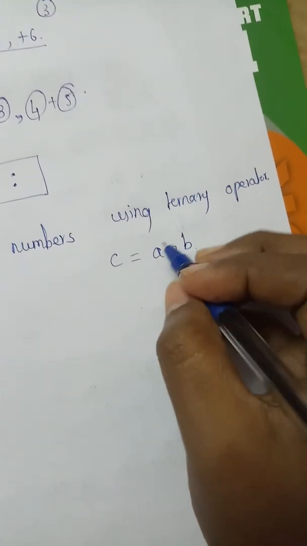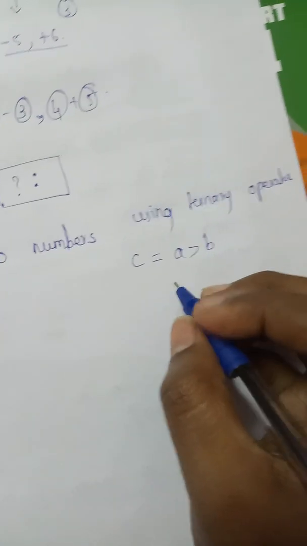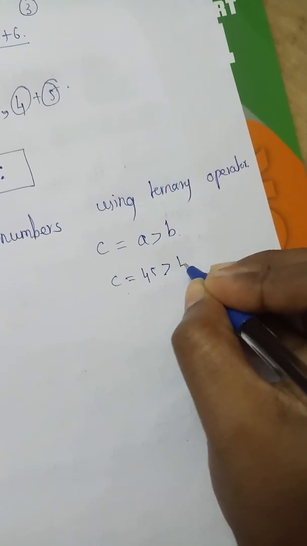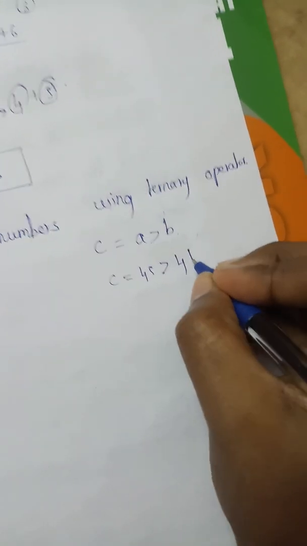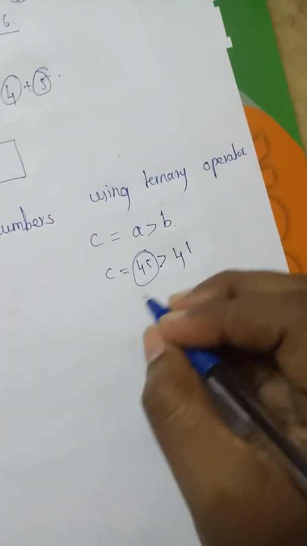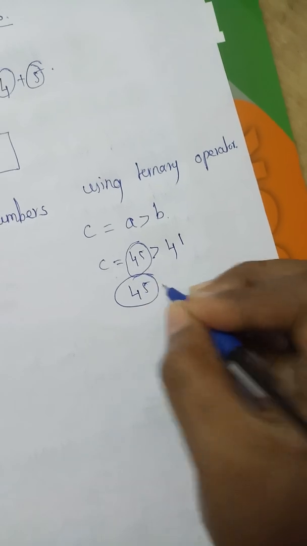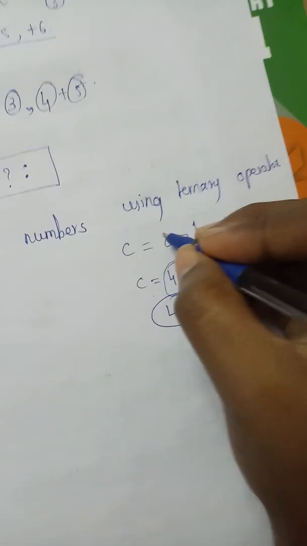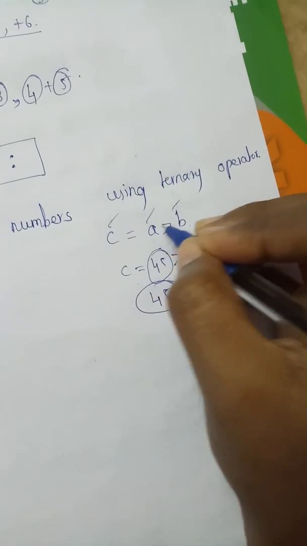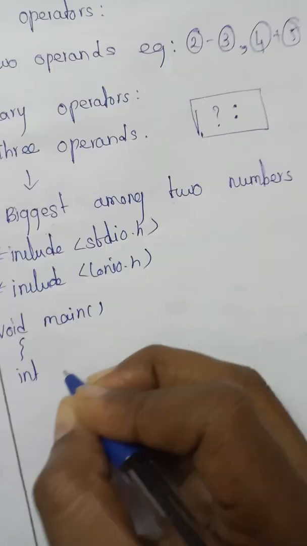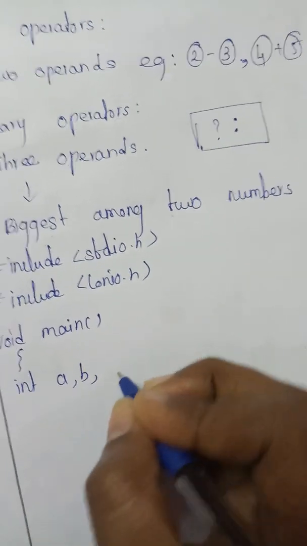Here I need to compare the two numbers. C equal to 45 greater than 41. Which is greatest? 45 is greatest. So, this is the procedure to find the biggest among two numbers. Here I am taking three variables: int a comma b comma c.